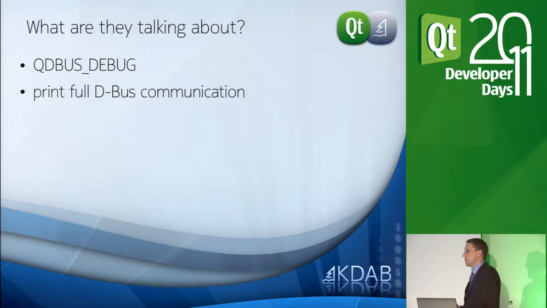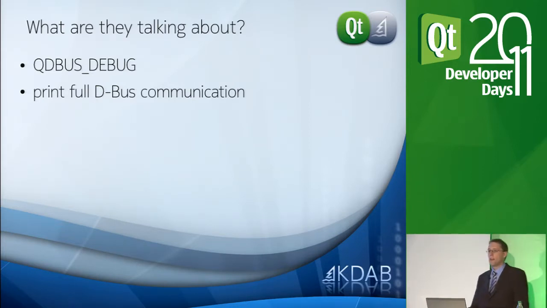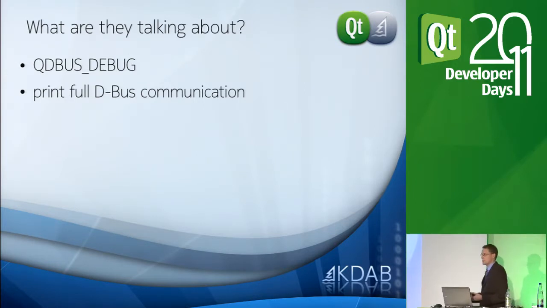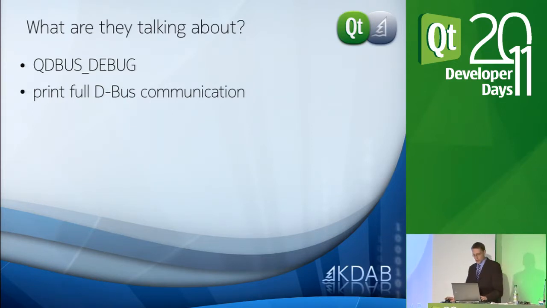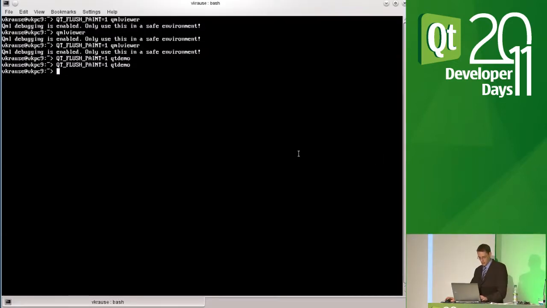It might have the wrong arguments, wrong types, so mismatching signatures, or it might be that the other process simply never did reply. And for that, it's very useful if you are able to see the entire communication. You can do that by setting the QDBUS_DEBUG variable to 1, and then let's just run QDBusViewer.